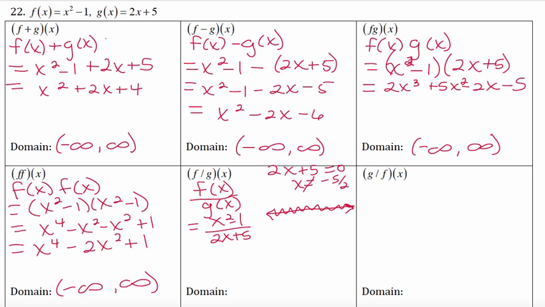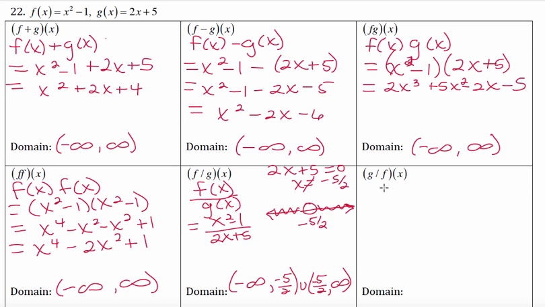So I'm going to go ahead back onto my overlapping domain here of all real numbers, and I'm going to take out my negative 5/2, and then we're going to write our domain down below. Our domain of f divided by g of x is negative infinity up to negative 5/2, unioned with negative 5/2 to infinity.